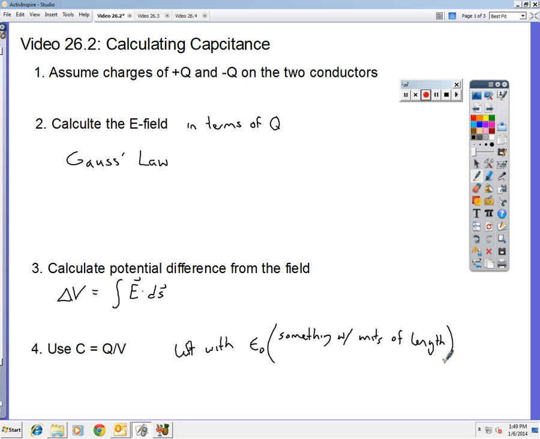Area is in square meters, distance is in meters, so that works out to be something with units of length. And another way of writing the units of the permittivity constant is farads per meter. If you don't believe me, actually even if you do believe me, try showing that based on the units you know, Newton meters squared per coulomb squared.